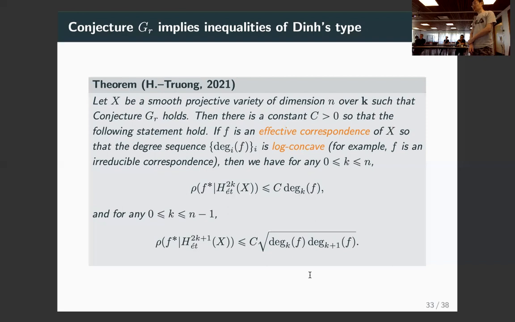This is for even indices. For odd indices, the spectral radius of f on H^2k+1 is also bounded by the square root of the product of two degrees.